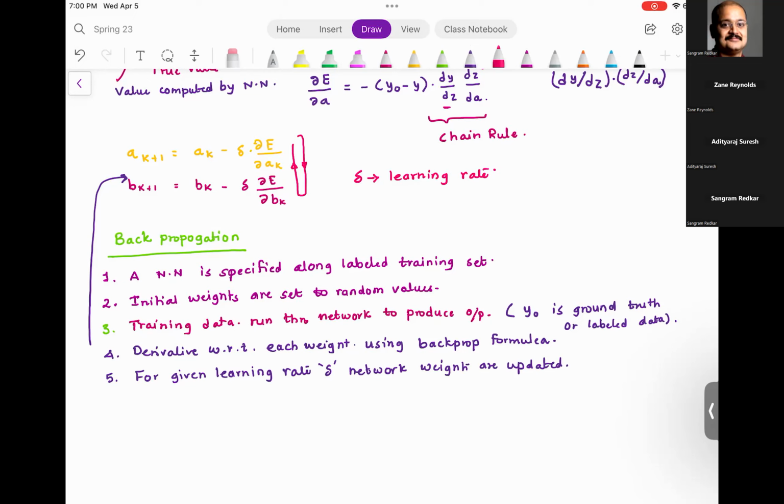And then you repeat this process till you achieve some kind of convergence, or you specify a number of iterations, say 1000, 2000, 3000.